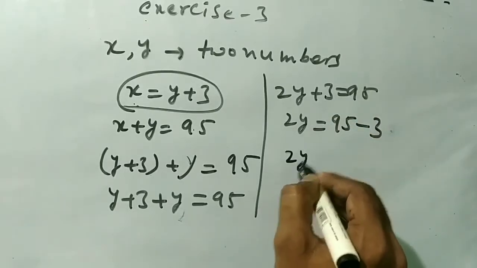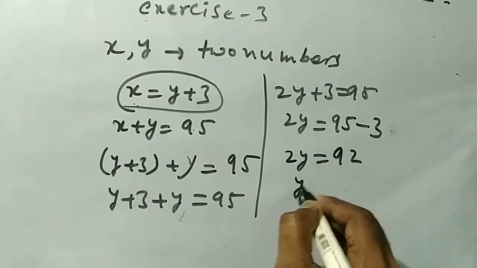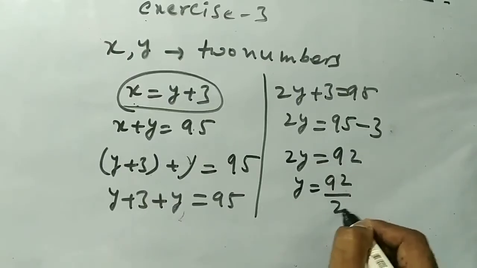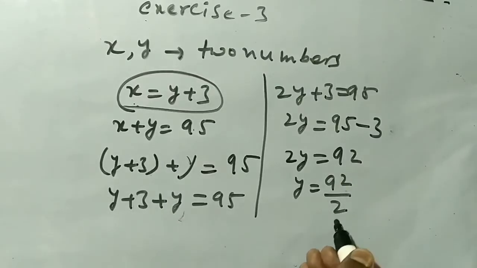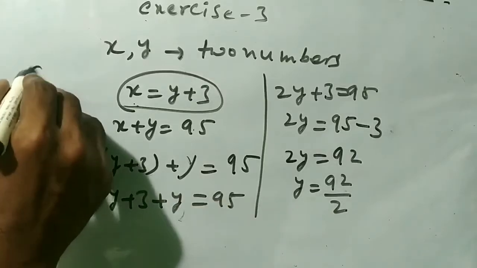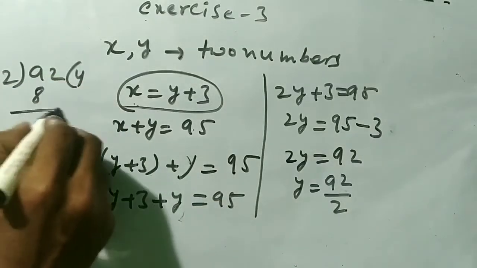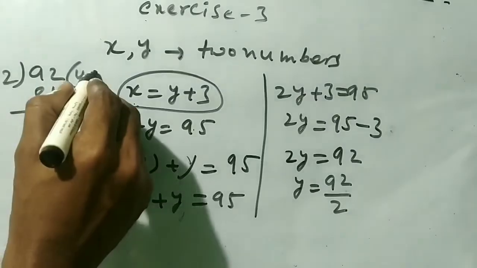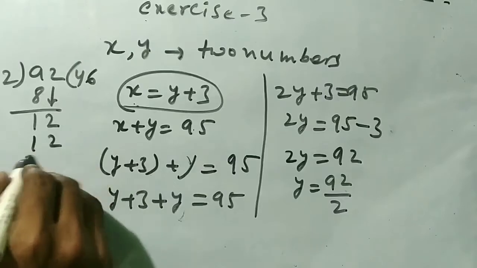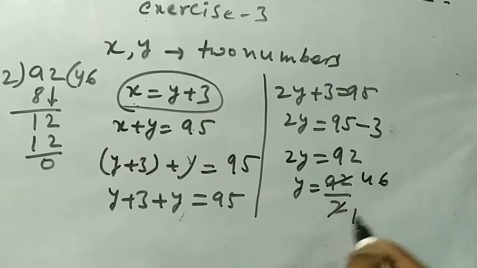So 2y is equal to 92. y is equal to 92 by 2. Here, if we find it difficult, we may take the help of division. 2 fours are 8 and 1 remaining. Take 2 here, 2 sixes are 12. So 0. So y is equal to 46, the answer.